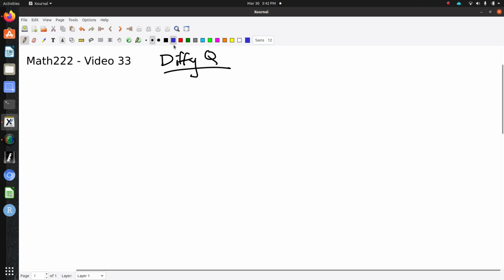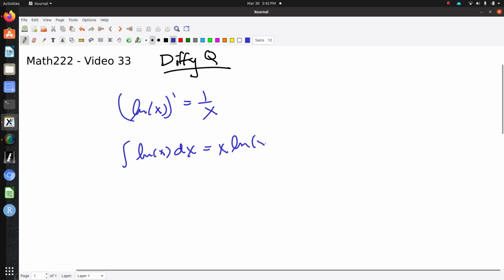Just as a little just in time, in case anyone's forgotten this, the derivative of natural log is 1 over x, but the integral of natural log, I don't think I even told you in this class, is a completely different creature altogether. It's really ridiculous, and if you needed to use it, you would just look it up on the internet.